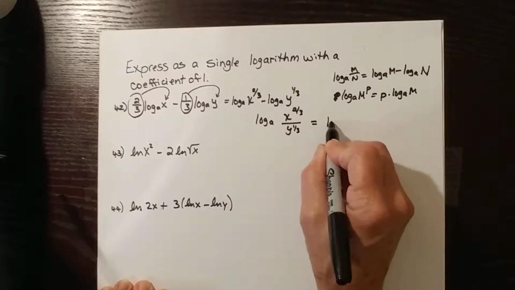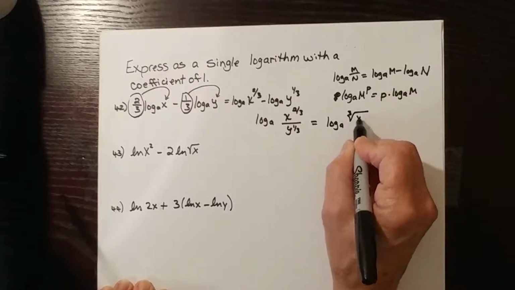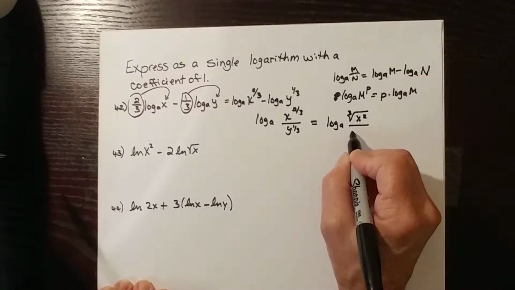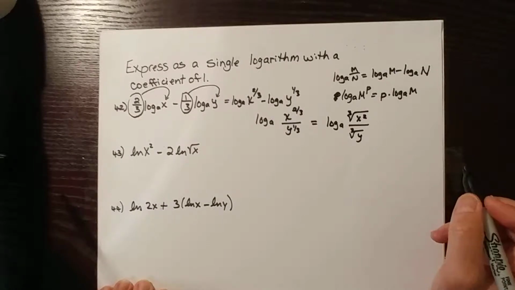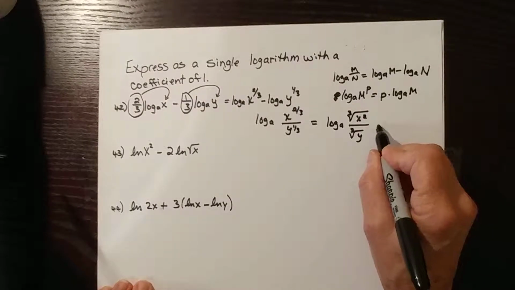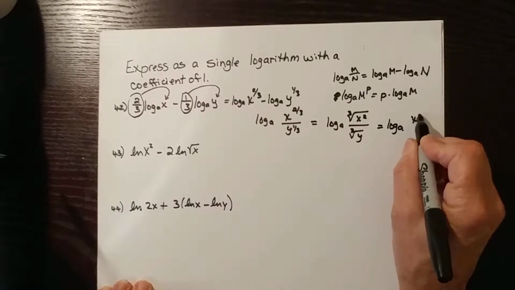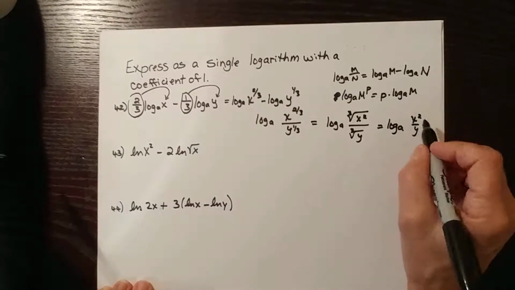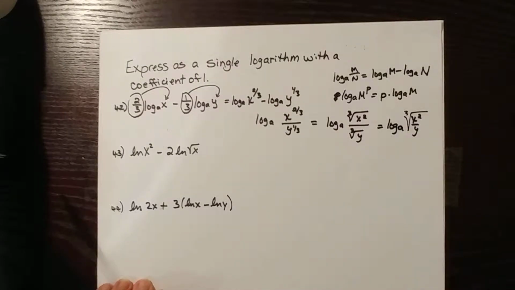And that can be rewritten as log base A of the cube root of x squared over the cube root of y to the first power. That is one way you could rewrite that. You could even rewrite this as log base A of the cube root of x squared over y. But that's about all you can do with that.